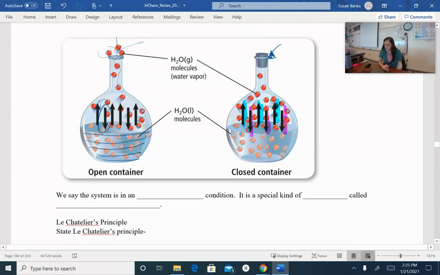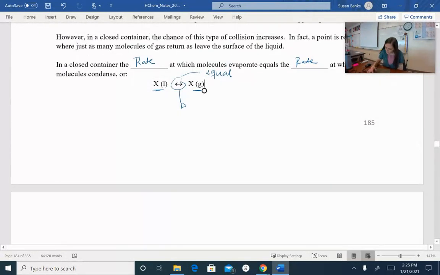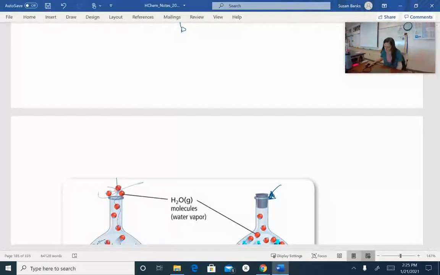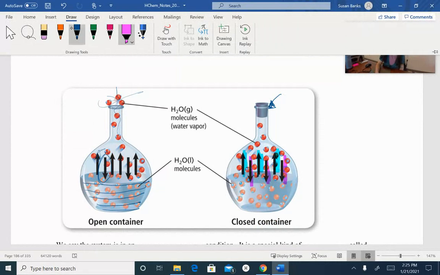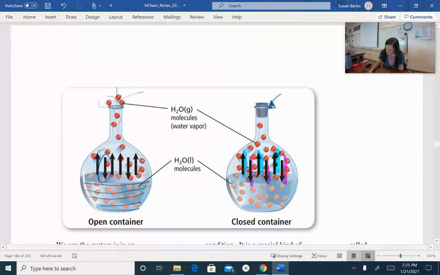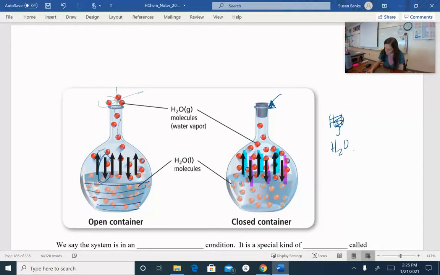And this is where we have, let's see, we're going to pretend like this is water. So I would draw this equation as H2O, not mercury, H2O liquid, going back and forth with H2O gas. Okay? So this is how we draw a double-sided arrow.